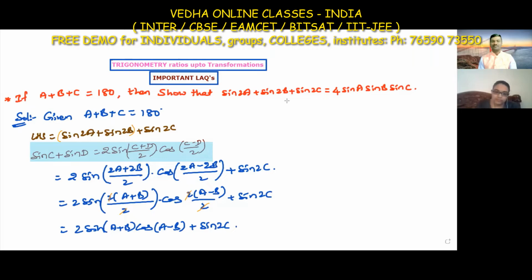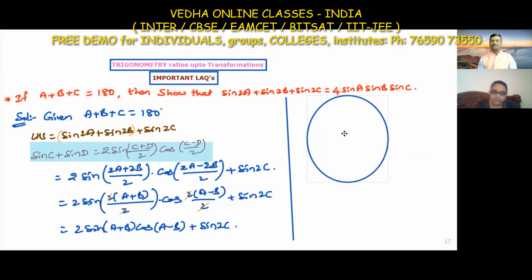Now, what is given in the question? Given that A plus B plus C is equal to 180 degrees.